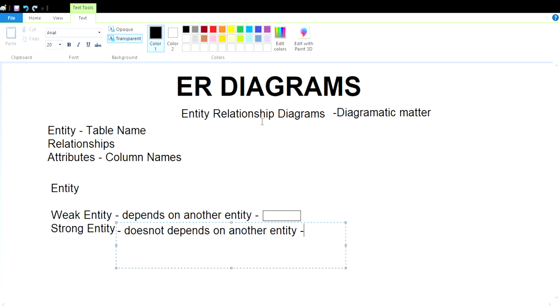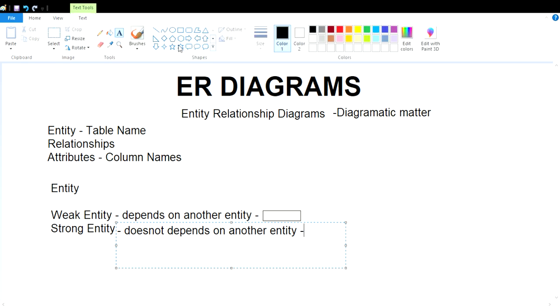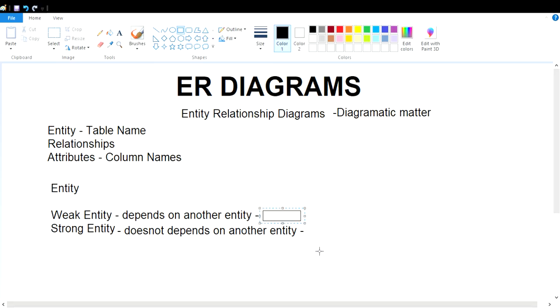Sorry, here the weak entity is represented by a double lined rectangle. Sorry for that. So a weak entity is represented by a double line rectangle and a strong entity is represented by a single line rectangle. Which depends on another entity is called a weak entity, and which does not depend on another entity is called a strong entity.